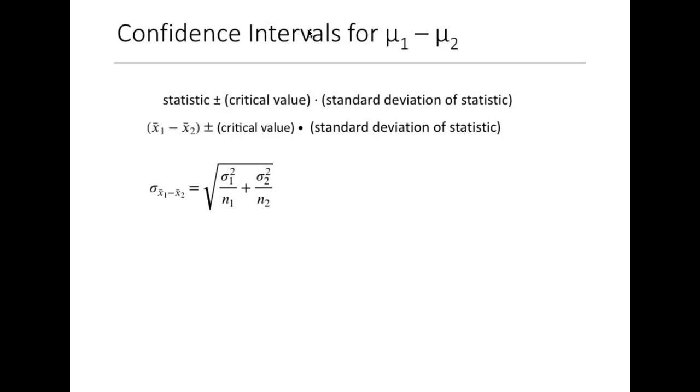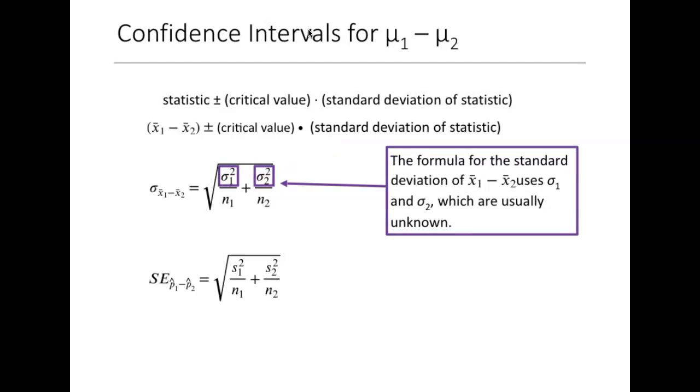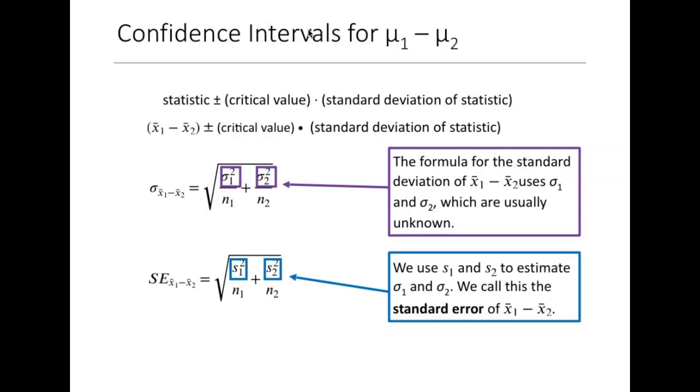This is actually standard deviation, but again, we won't know the population standard deviations. So instead, we end up using sample standard deviations, and we refer to this as the standard error. All of these are formulas that you have in your formula packet.